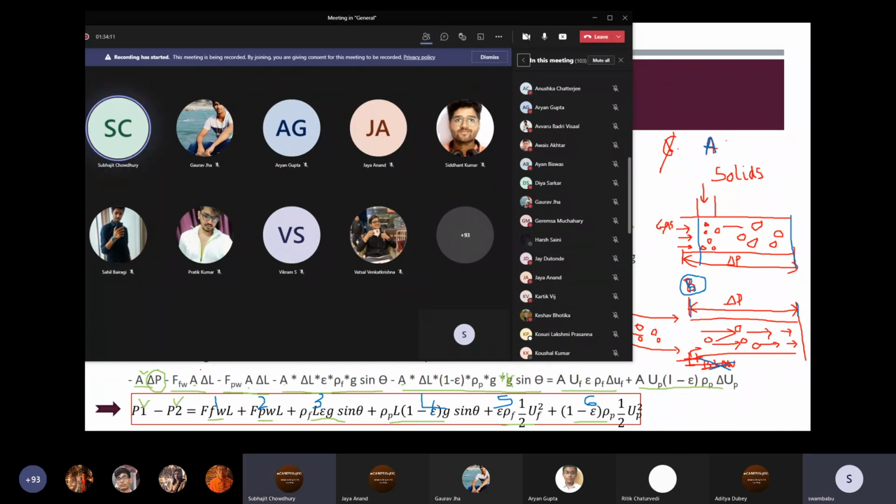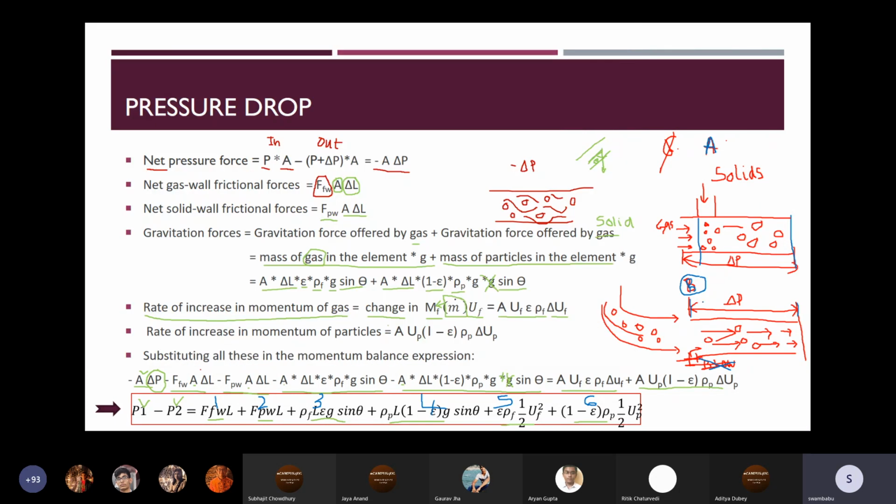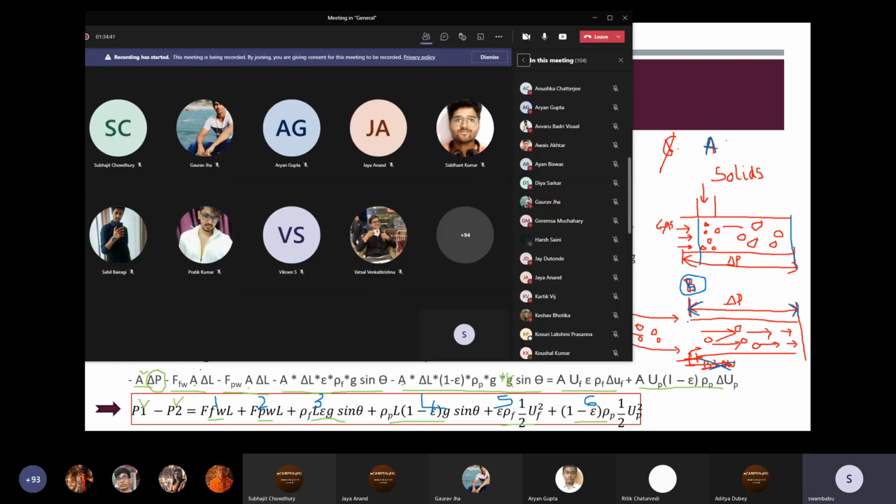Sir, in case B there is no fluid coming in, right? This is basically the pressure drop from which point to which point, that only matters. I don't need to consider the rate of momentum change, because they're already being accelerated. That's why in case B, since my interest is pressure drop between these two points, I will have to consider only term 1 and term 2.